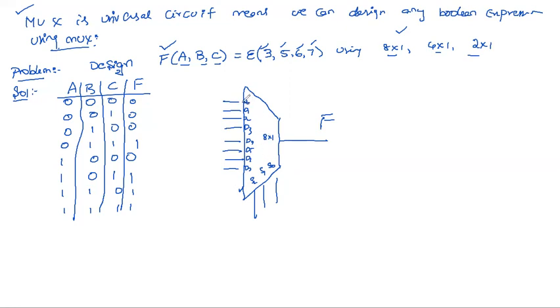Okay. Now observe here how many combinations we get. 8 combinations, right? So whatever output obtained here, F in the truth table, just mention those values here: 0 0 0 1 0 1 1 1, and mention these A, B, C as selection lines.